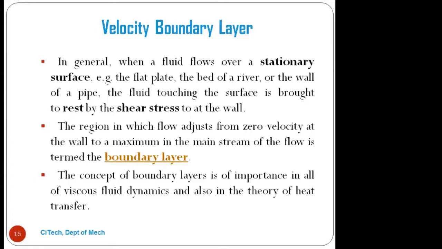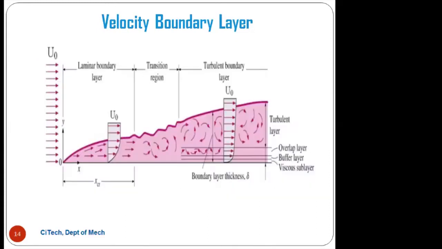This is very important. If the shear stress is more at the wall, then viscosity is dominant, and if viscosity is dominant, then the velocity is equal to 0. So at the surface of the plate, viscosity is more, and the velocity is 0 here.